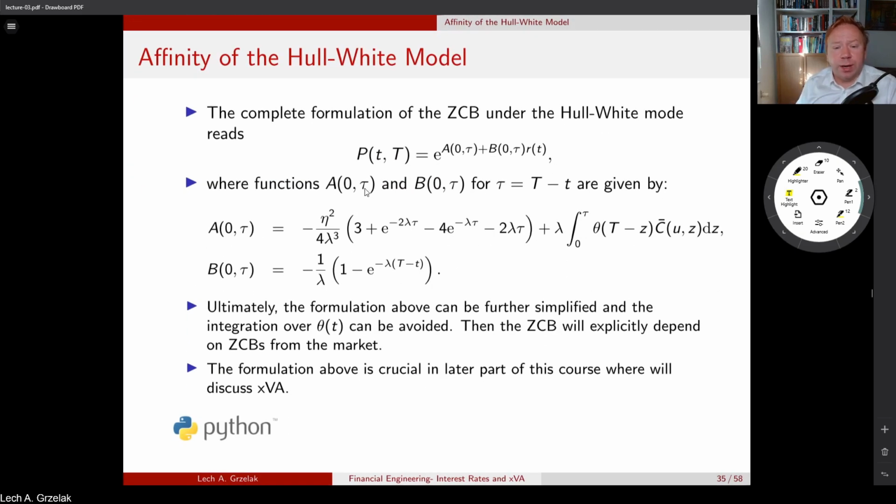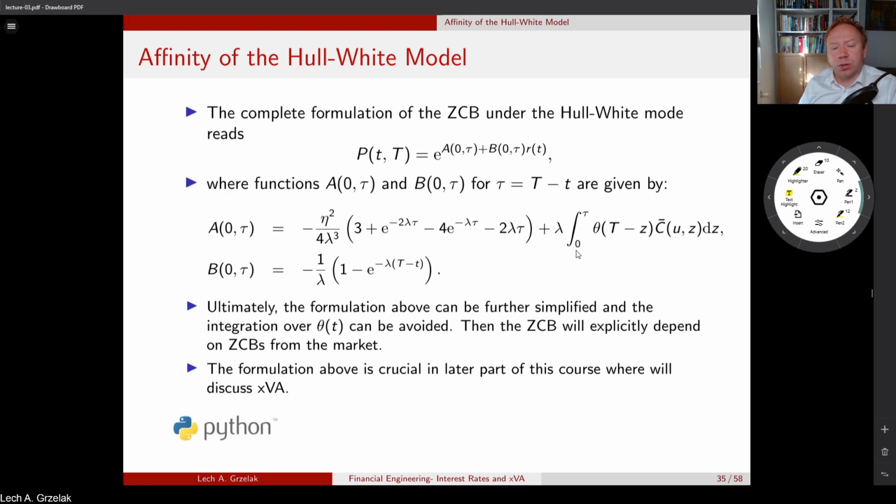Those are the functions A and B. So as promised, I also provide here the closed form relation between a zero coupon bond definition and how those functions A and B look like. So you see, it's just a one-liner expression. We also have an integral of theta. However, there are also alternative formulations which don't involve this integral of function theta.